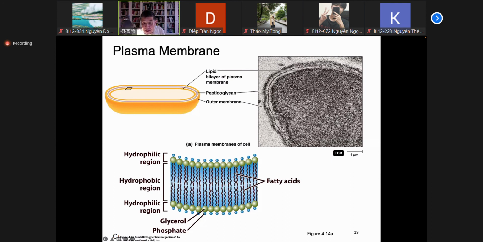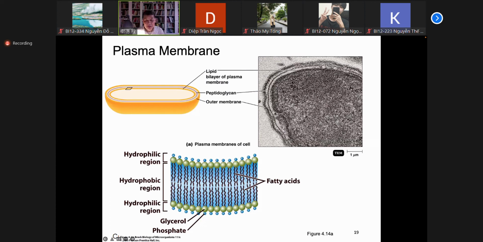And this one dark line is called the peptidoglycan, which I will explain later. And this outer membrane, you can see that it's not the same as the inner membrane. The inner membrane has two well-delineated black lines, while this one has fuzzier black lines.